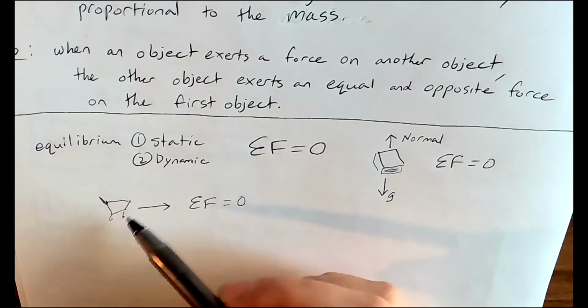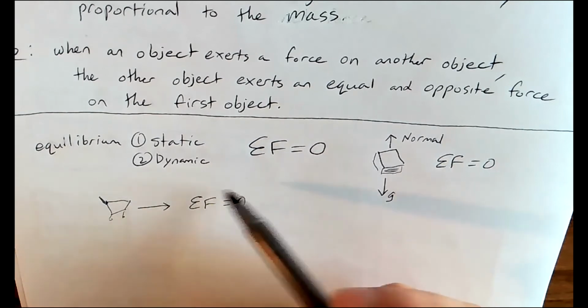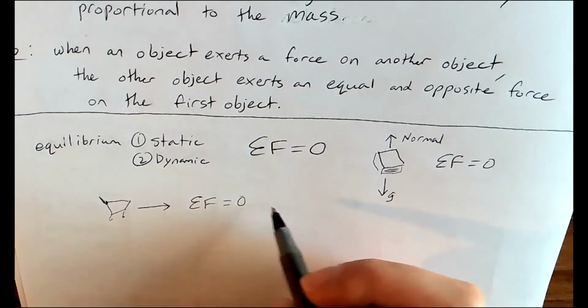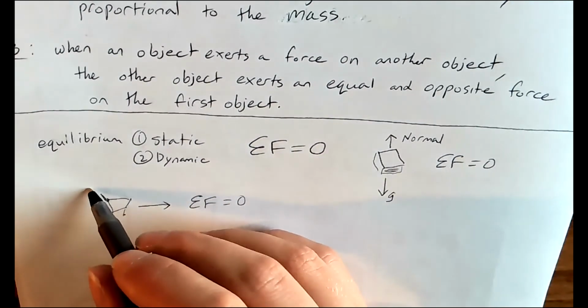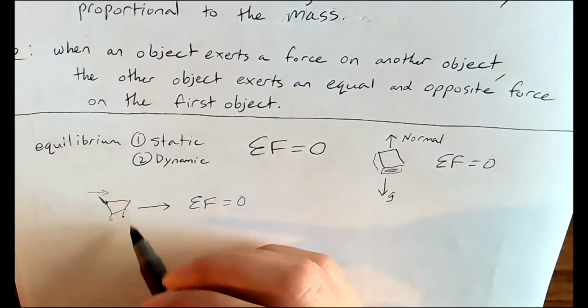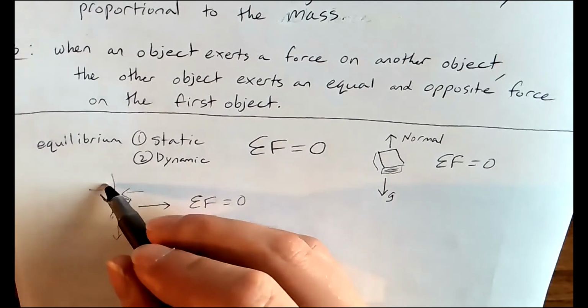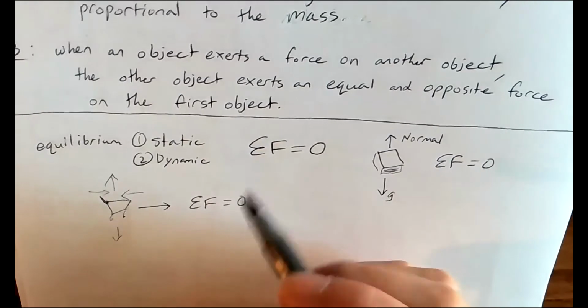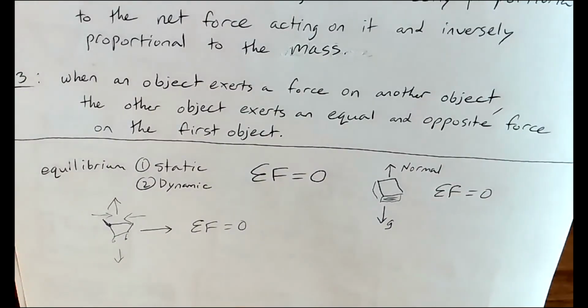But it's still in dynamic equilibrium. So equilibrium, think of the sum of all external forces acting on it is 0, okay? Because there's the applied force, and then friction, gravity, normal force, but the sum of the external forces is 0, okay? So let's get back to the questions.